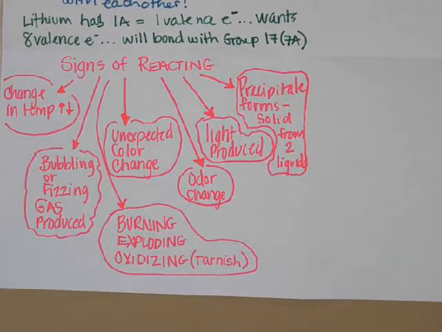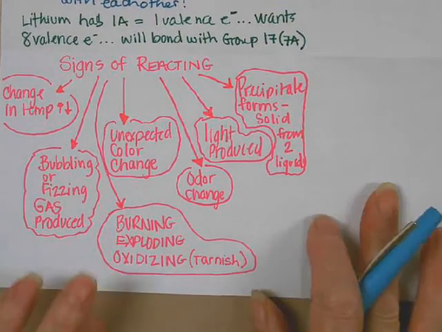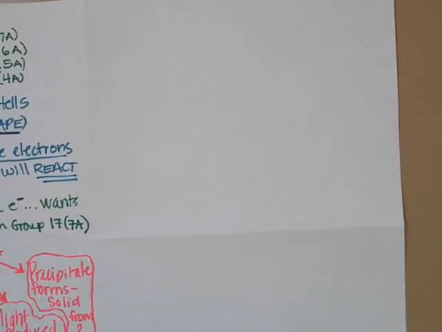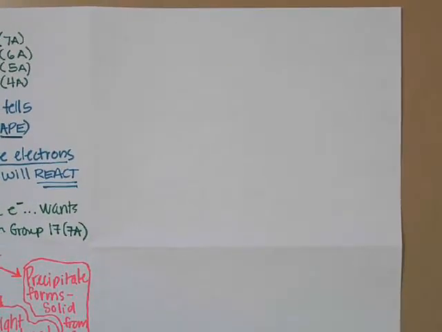All right, so what do the elements change into? Well, they form compounds. They combine to form new substances, which are compounds. So if we start a new square, let's talk about this.